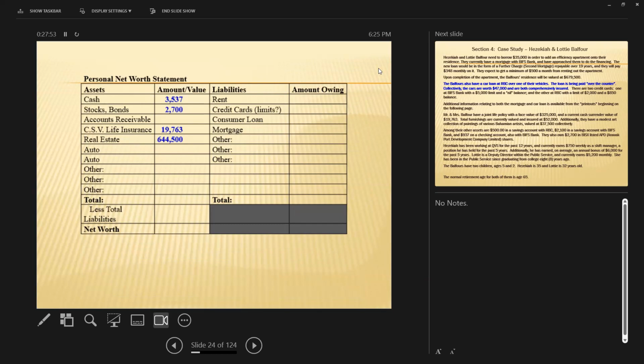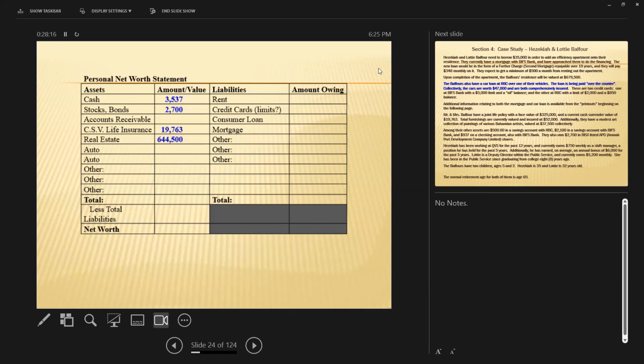All right. Now we know they have an automobile because they have a loan, right? They have a loan for the automobile. Okay. But do they have another automobile or other automobiles? Yes.